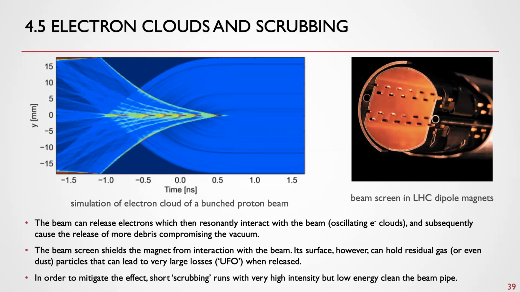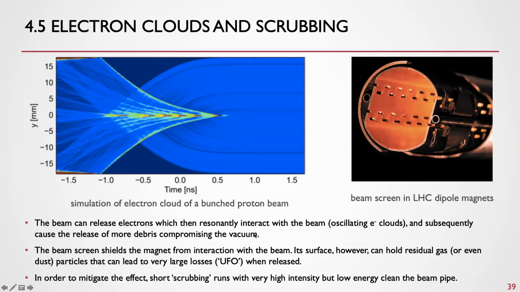And this would also reduce the emittance of the beam. It causes resonances that are difficult to control, and would ultimately reduce the achievable luminosity.